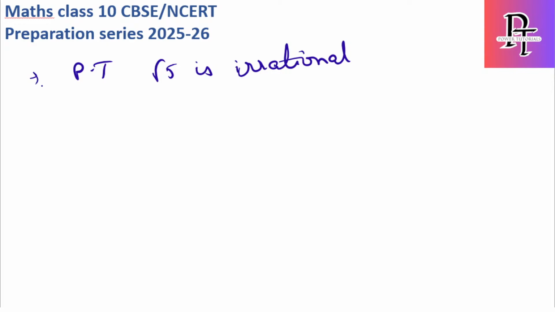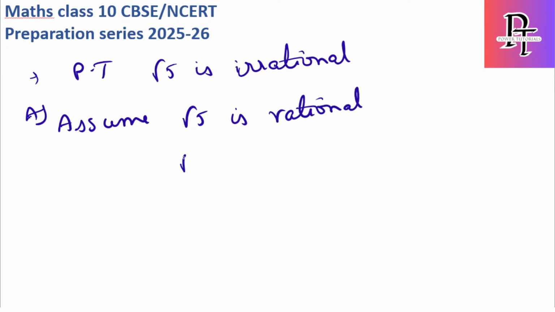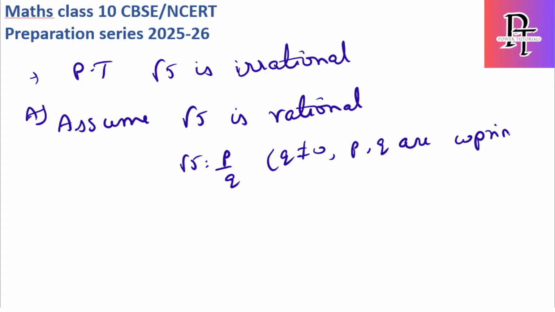So I'll give a small intro about what you have to do. First step, assume root 5 is rational. So root 5 can be written as p by q form, where q is not equal to 0 and p, q are coprimes. Coprimes in the sense they don't have any common factor.